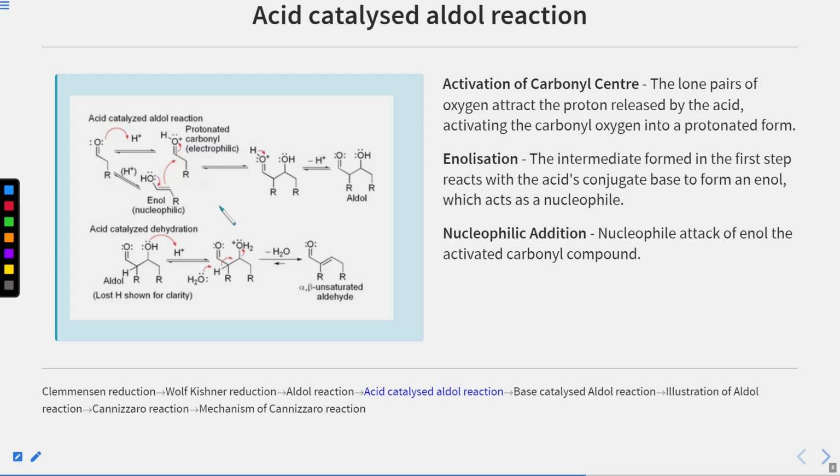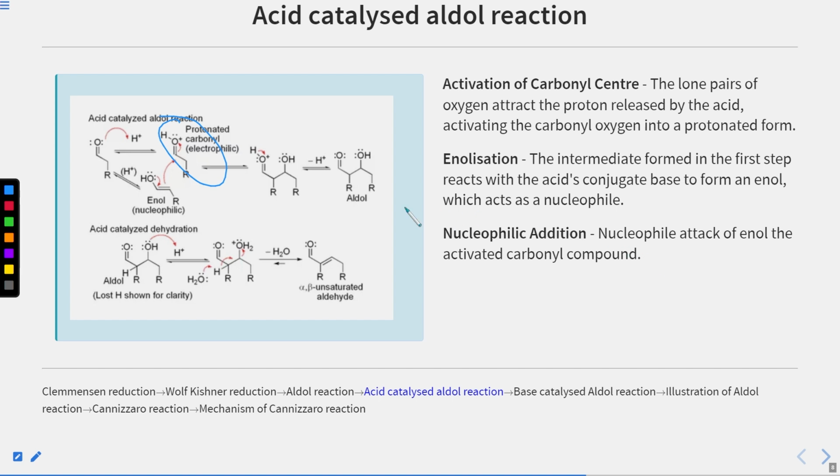Suppose one protonated molecule is converted into enol and another protonated molecule remains in this state. There can be multiple states, and each of those will have some population in the reaction mixture. So now this lone pair will move here, and this pi bond will attack this electrophilic center.